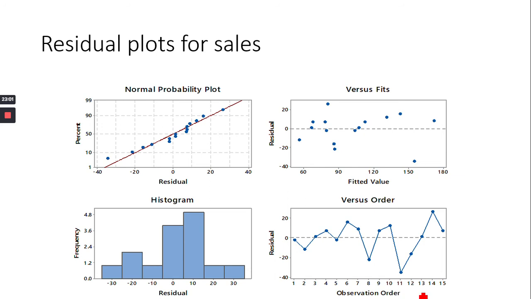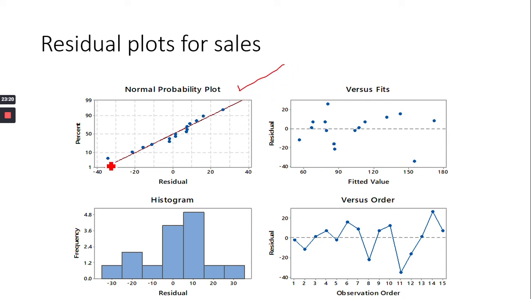I want us to look at the residual plots for sales. These plots are important as they are used to check whether the assumptions are violated or not. This one is called the normal probability plot.